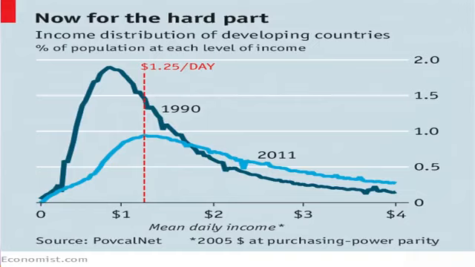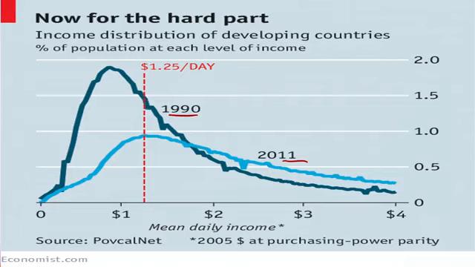And this graph shows how the distribution looked like in terms of purchasing power parity in 1990 and 2011. And what is remarkable here is that quite a few people used to live with less than $1.25 per day in 1990.